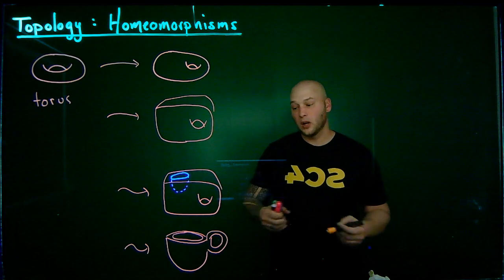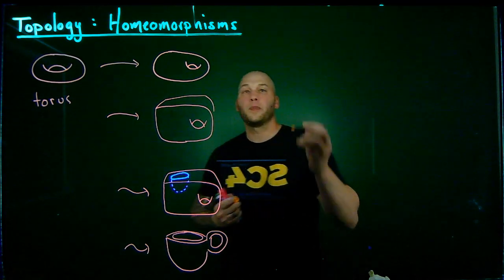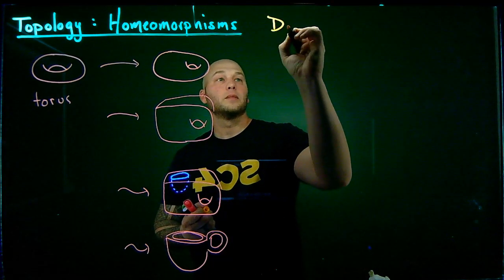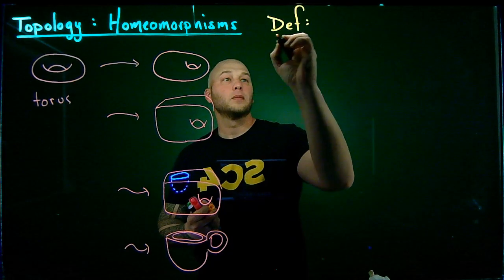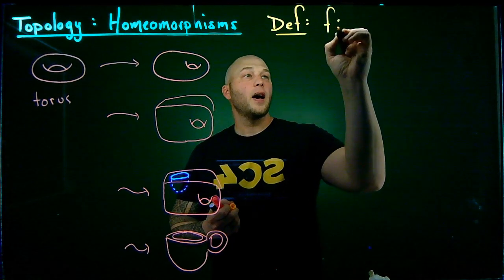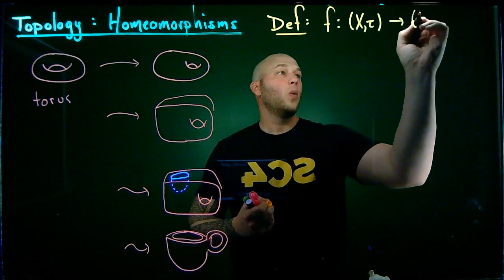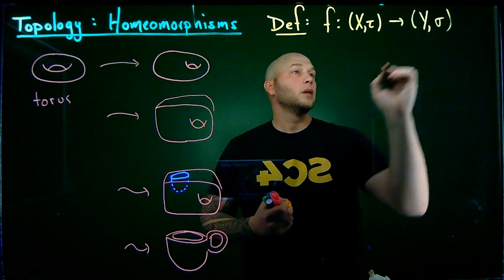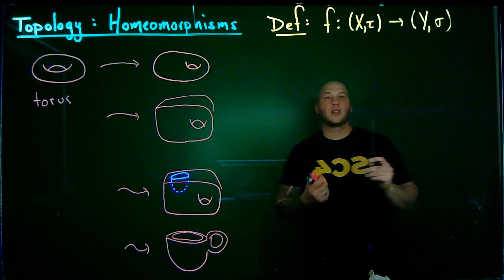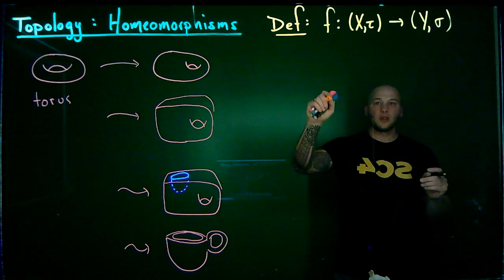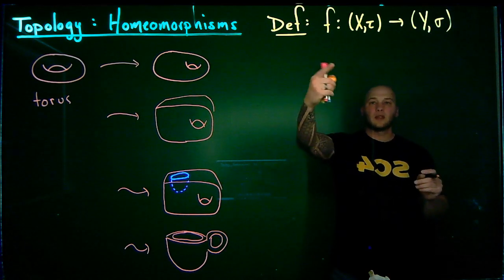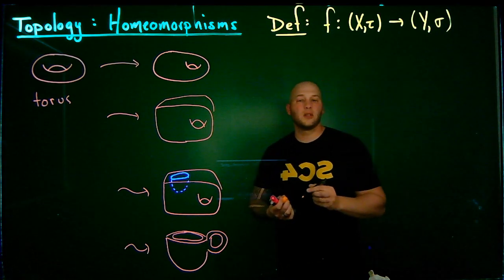formal discussion of homeomorphisms. So, definition. Let's say I have a function f from (X, tau) to (Y, sigma). In other words, that's just a shorthand for saying f is a set function from X to Y, where X has the topology tau and Y has the topology sigma.